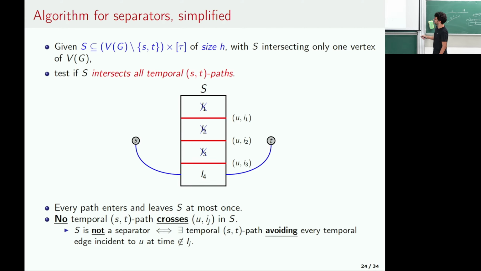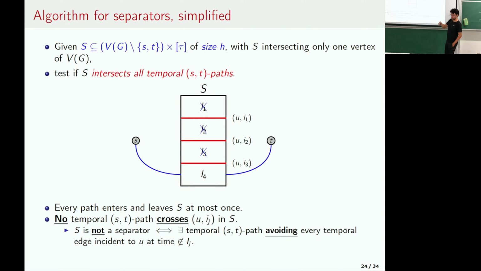In this example, I'm looking at the interval I4, and I want to test whether I can go from S to T in the temporal graph where I delete every temporal edge that touches U at this interval, and at this interval, and at this interval. I only keep the edges meeting U at this interval. It means the best I can do to find a path from S to T is get inside one here, wait a little bit, and then get out.